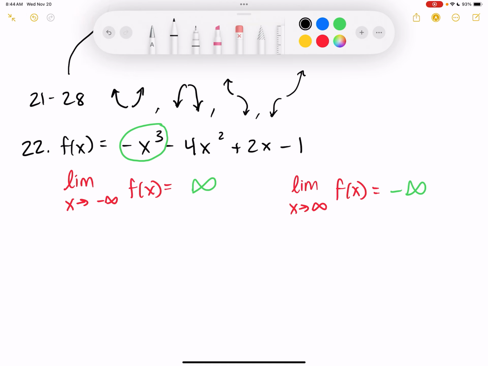Let's see. Number 26: f of x equals 10x to the 6th minus x to the 5th plus 2x minus 2.